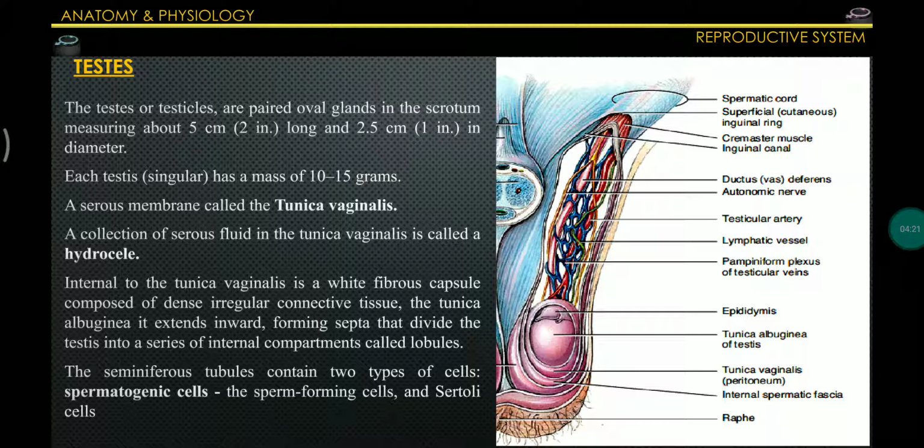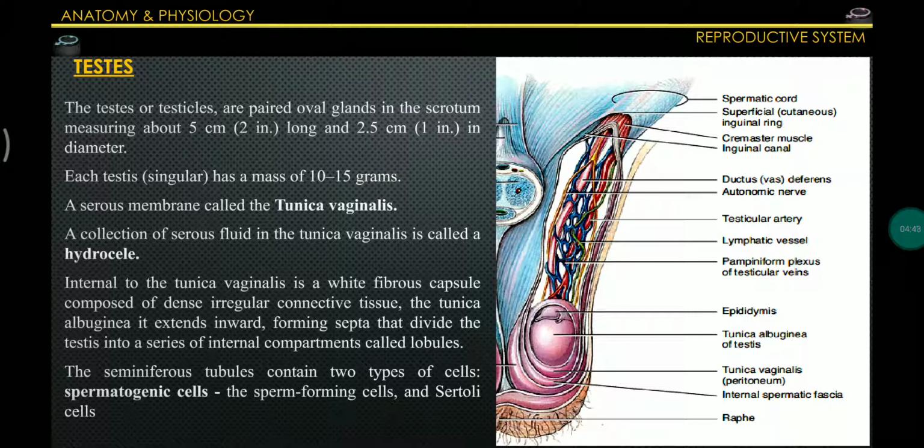If there is any accumulation of serous fluid, which is filtered from blood, in the tunica vaginalis, then we call it a hydrocele condition. After the tunica vaginalis, there is a layer of white fibrous capsule, which we call the tunica albuginea.